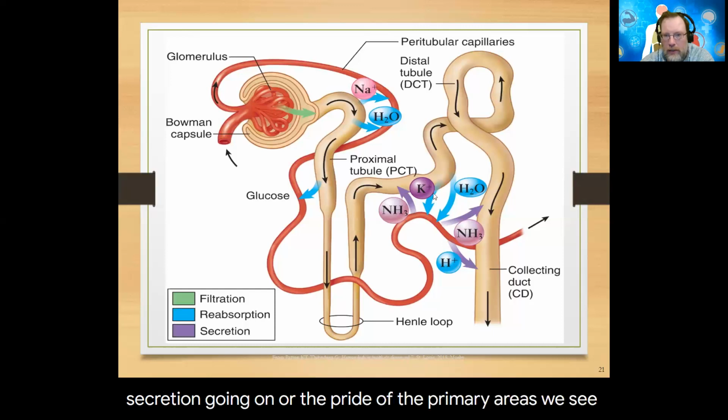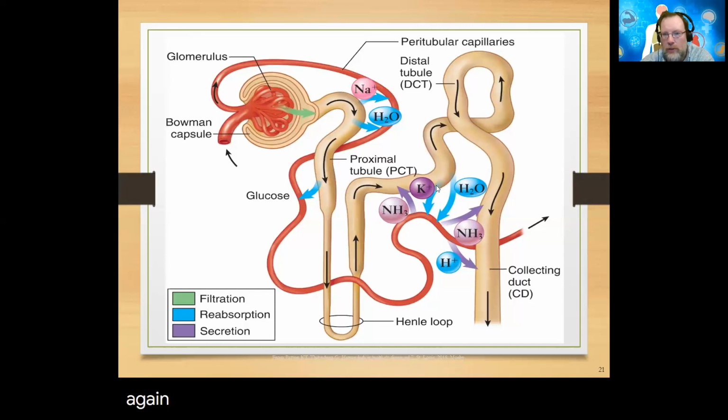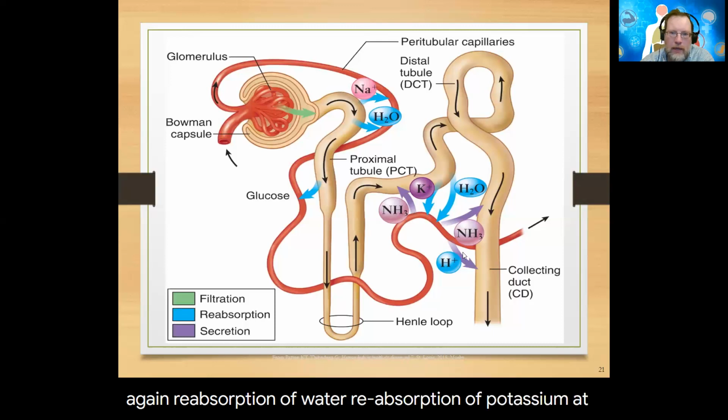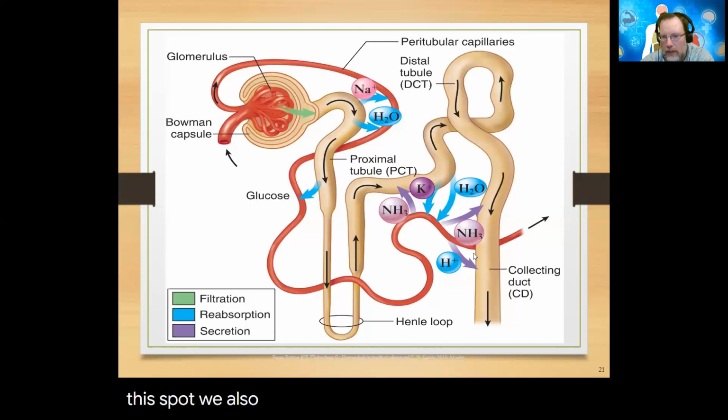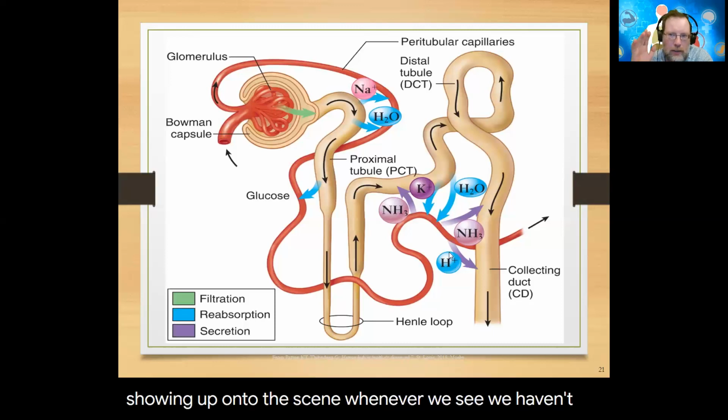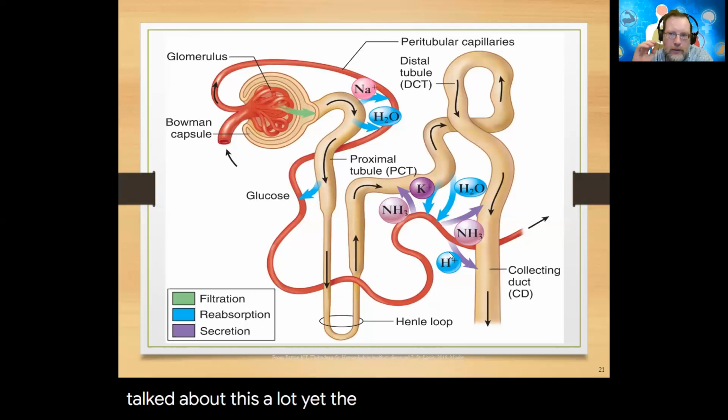We see again reabsorption of water, and reabsorption of potassium at this spot. We also, at this distal convoluted tubule and collecting duct, notice we've got hydrogen ions showing up on the scene. We haven't talked about this a lot yet this semester, so this is kind of your introduction to pH and pH balance.